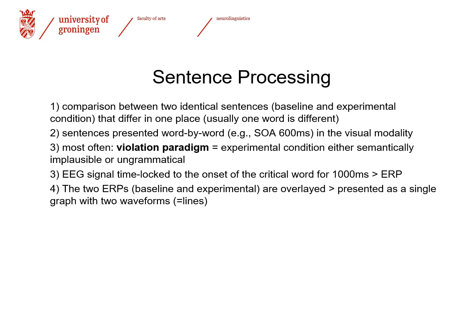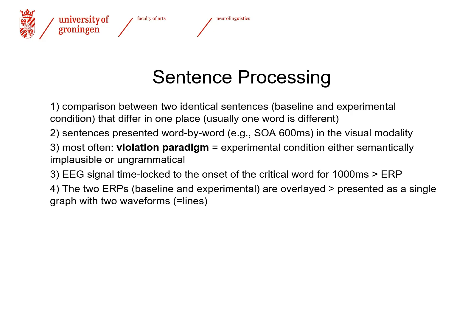Now, what we are going to do is time lock our signal to the critical word, and the duration of this event-related potential that we are going to create is probably going to be around 1000 milliseconds. A tiny bit before the onset of the word, maybe 200 or 100 milliseconds, and then another 1000 milliseconds from the onset of the word.